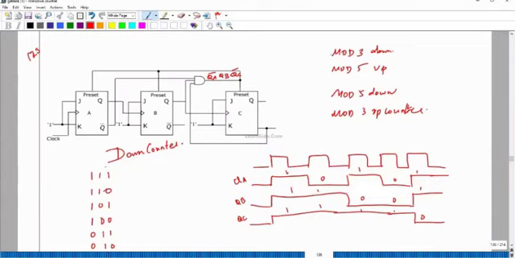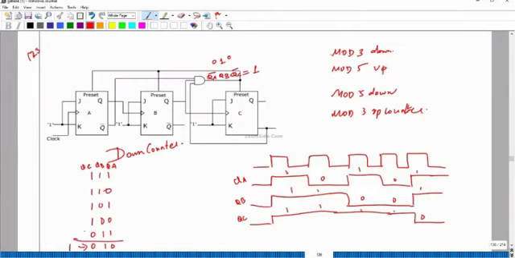So this is nothing but QA, and this is QB, and this is QC. Okay. So you have to check this should be equal to 1. When will it be 1? When it is 0, 1, 0, it becomes 1.